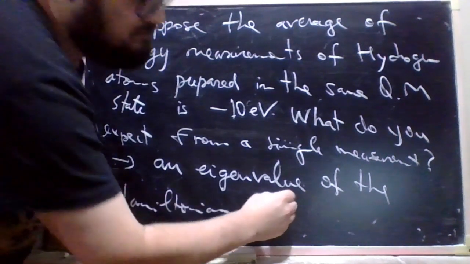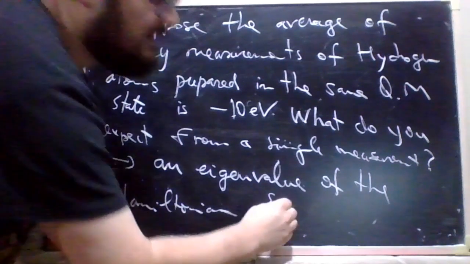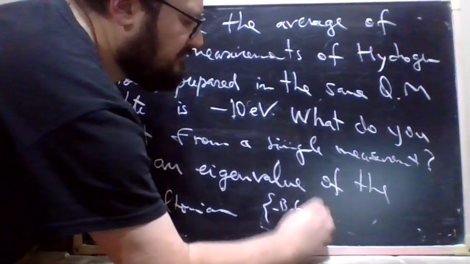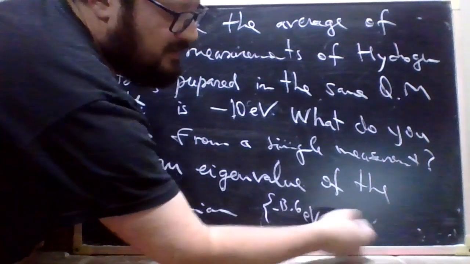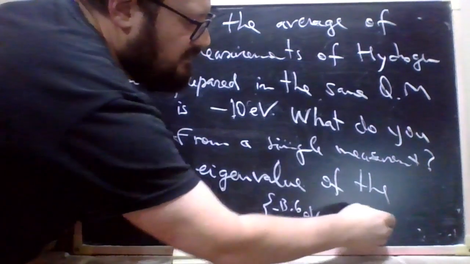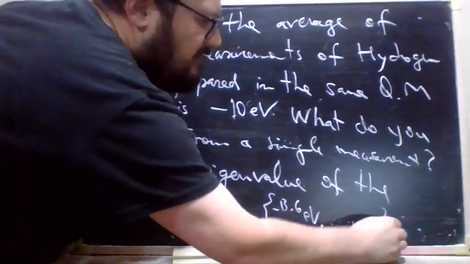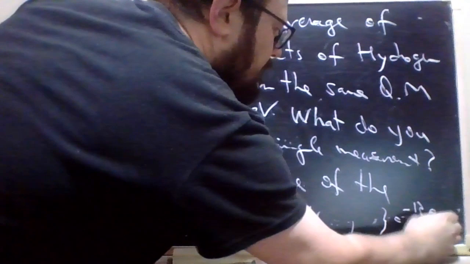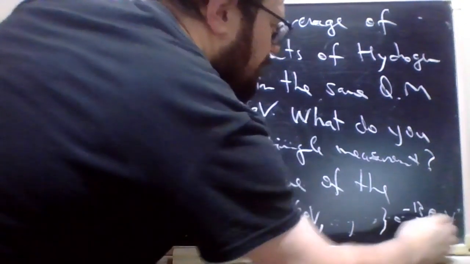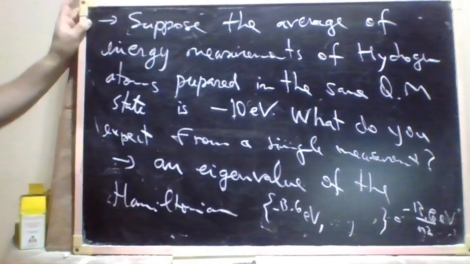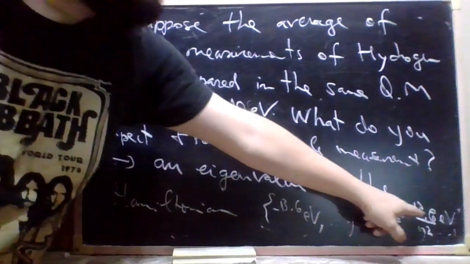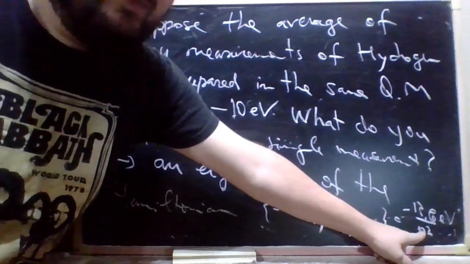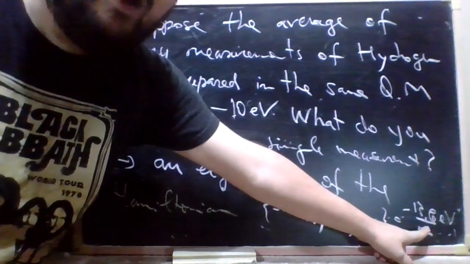And you can put a list of values: minus 13.6 electron volts, the second orbital, I don't remember exactly the value, the third, and so on. It's given by a formula. If you neglect spin and other interactions, it is minus 13.6 electron volts divided by the principal quantum number squared.